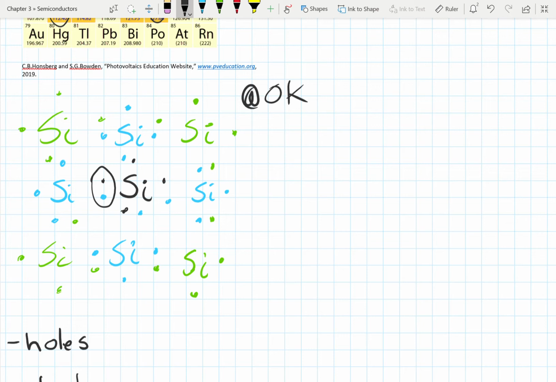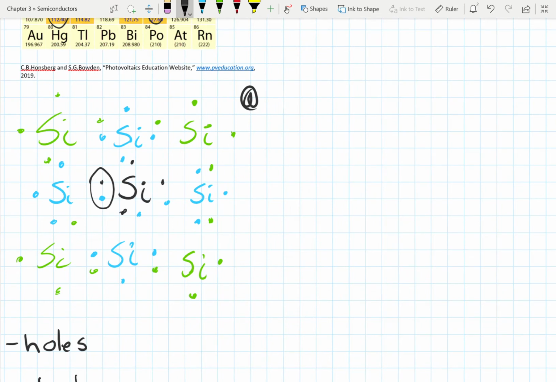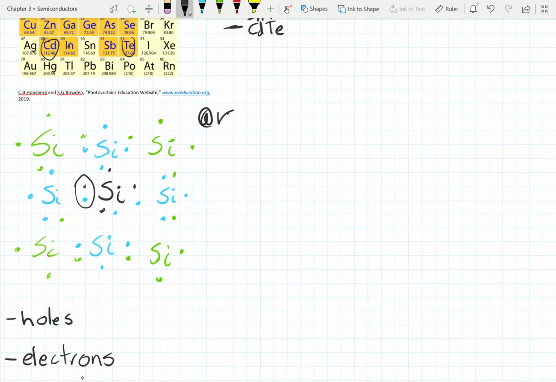At room temperature, however, there is enough thermal energy to break these bonds. So let's raise this to room temperature. At room temperature, you have enough thermal energy to break these covalent bonds.